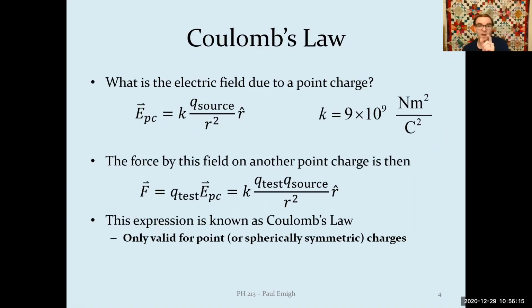And you'll see that I was very careful to label these two Q's differently, right? There is one Q that creates the electric field. That's Q source. And there's a different Q that feels the force from that electric field. That's Q test. And they both show up here in the expression for the force between two point charges, which is also known as Coulomb's law.